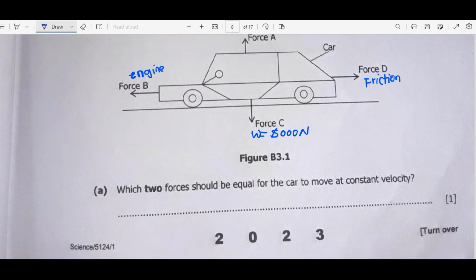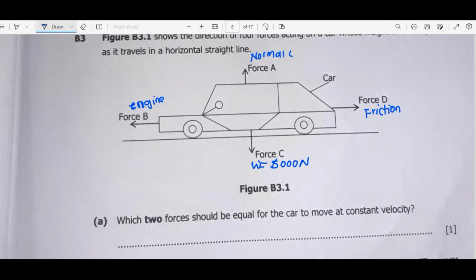So which two forces should be equal for the car to move at constant velocity? So let's see if we have constant velocity. So we are saying velocity which is constant.